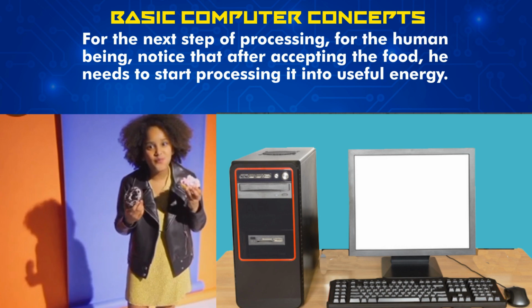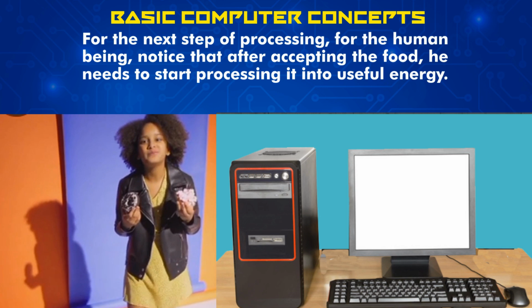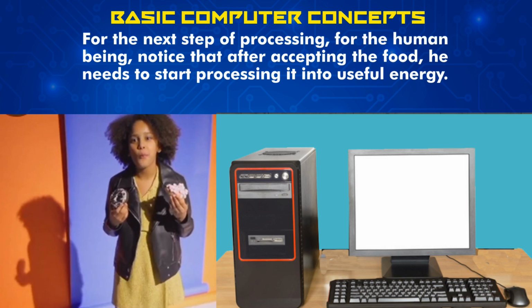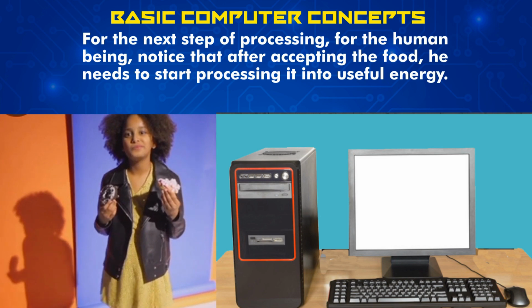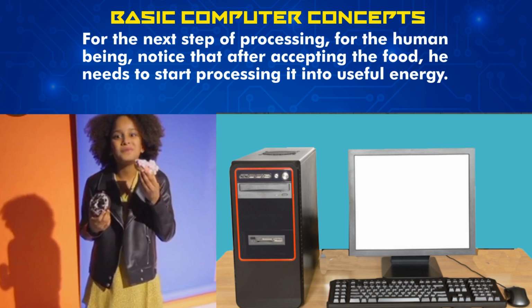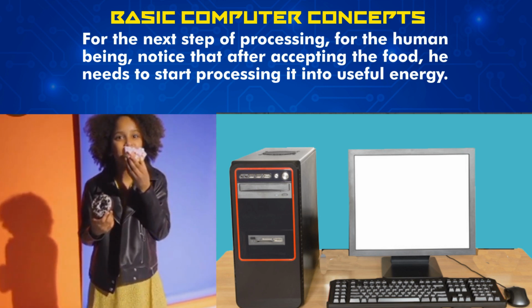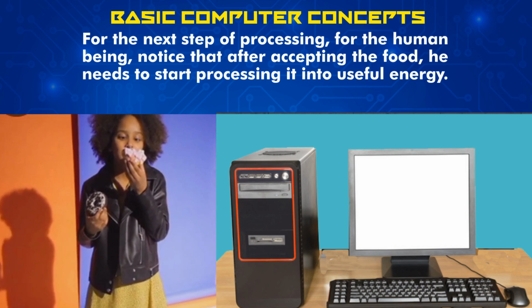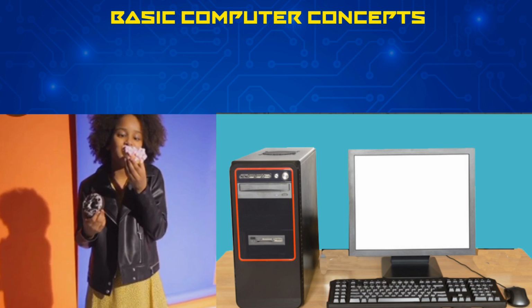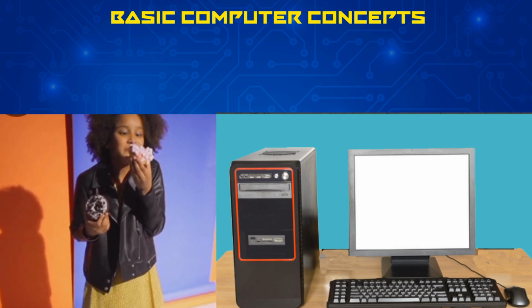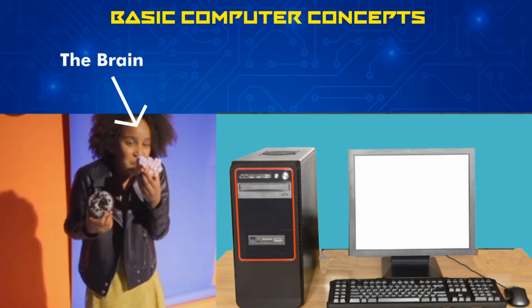You will notice that there are several parts of the body that help to break down and process the food, such as the teeth for chewing, throat for swallowing, stomach, intestine, etc. However, one major part that controls the whole system of processing the food is the brain. The brain sends signals to the tongue and teeth for tasting and chewing, to the stomach for digestion, and to the intestine to convert to useful energy.